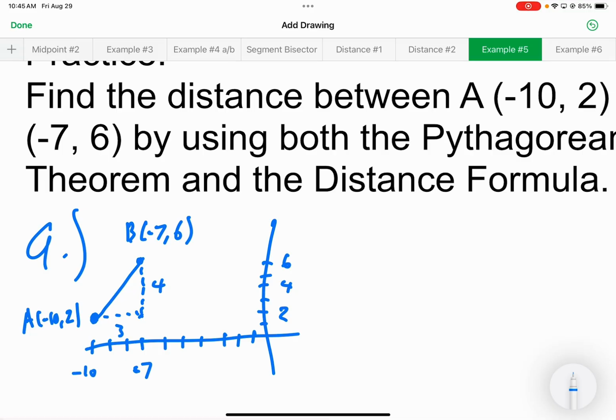If you were good at Pythagorean theorem, doing this one via Pythagorean theorem is a pretty easy route to go. The only downside of doing it with Pythagorean theorem and drawing your own graph is then you have to be really careful about counting the spaces. You know what I mean? Your scale's got to be accurate in order for you to properly count the spaces.